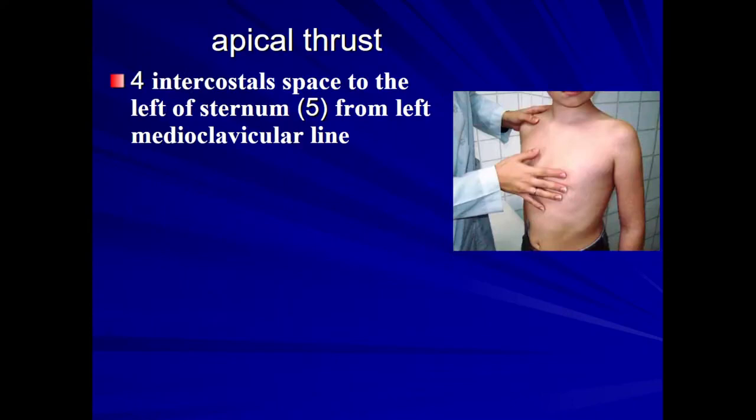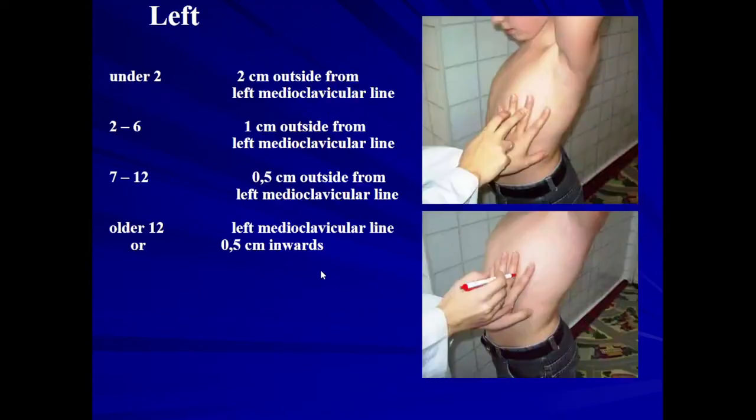These pictures show how to find the apical thrust. In this situation, in the first intercostal space to the left of the sternum, from the left medial clavicular line, we find the left border of relative heart dullness.